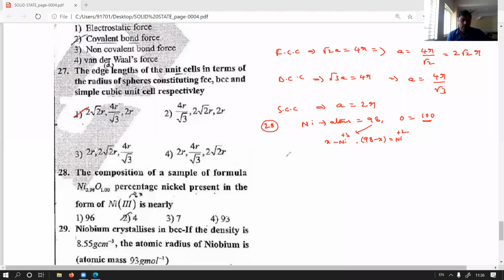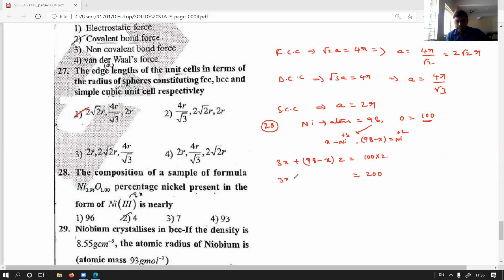Then how much percentage of nickel +3 is present? Then 3x plus (98 minus x) into 2 is equal to 100 into 2, which is 200.